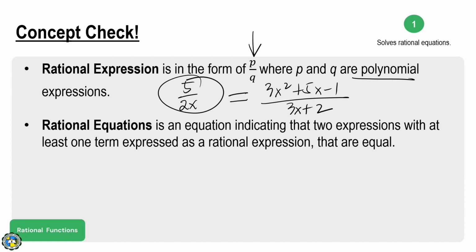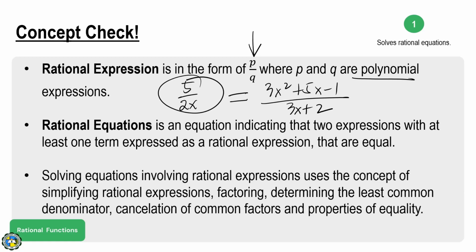Meaning to say, we are now after getting the value of your x for us to see if both sides of our expressions are equal po.